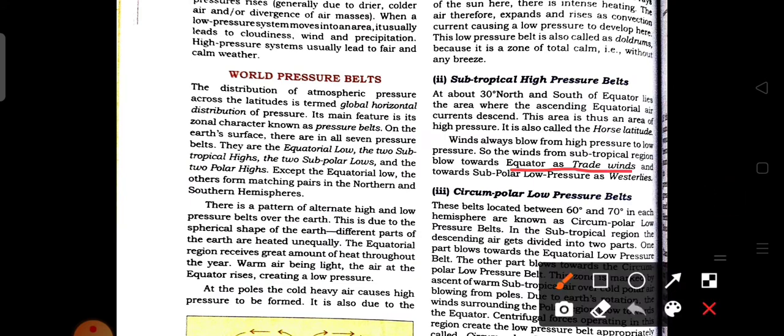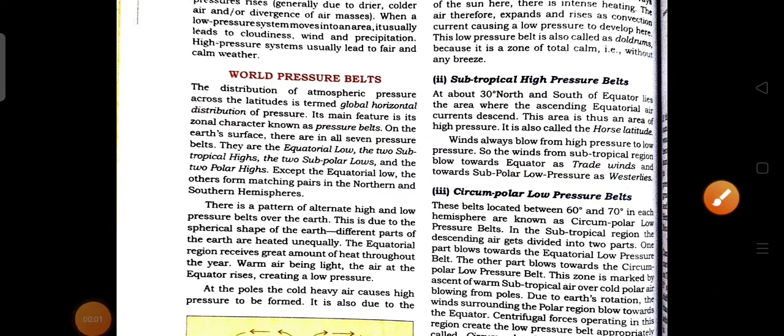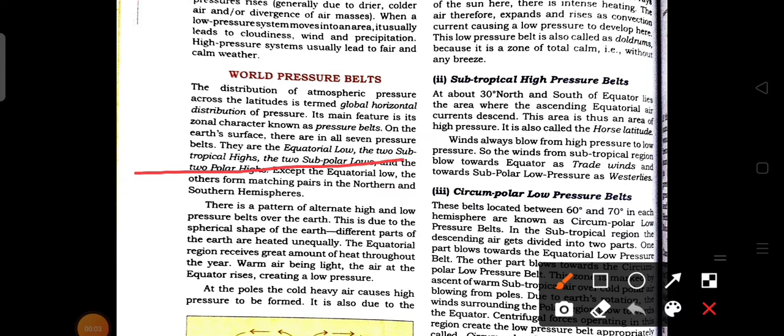The wind that blows from the subtropical region to the equator is known as the trade wind, and towards the subpolar low pressure belt as the westerlies, which means the air from the subtropical high pressure belt flows in two directions, towards the subpolar low and the equatorial low pressure belt.